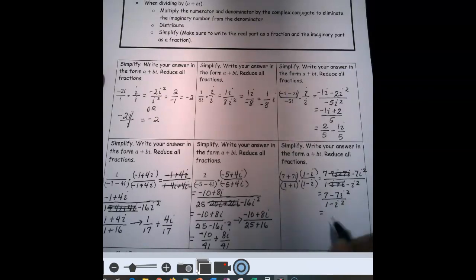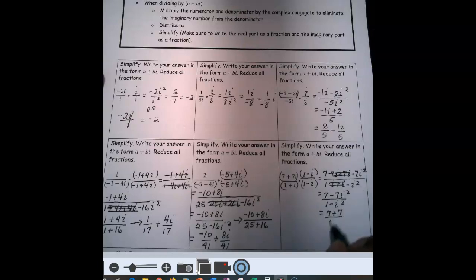Let's simplify that even more. Well, 7 minus 7i squared, we know i squared is negative 1. So really what's happening is negative 1 times negative 7 is positive 7. And here we have, let's just say i squared is negative 1, right? Negative 1 times negative 1 is positive 1.